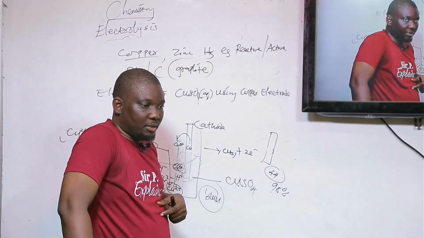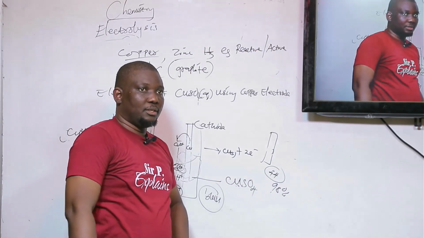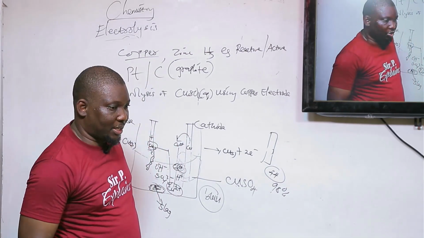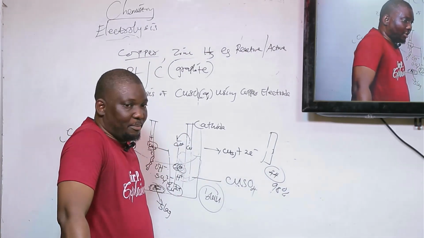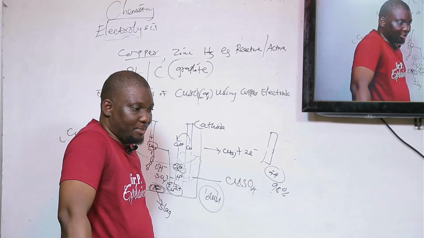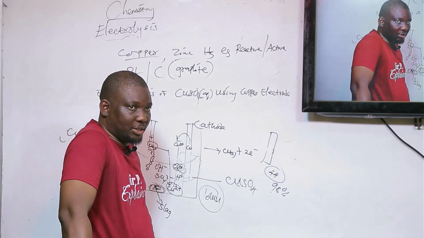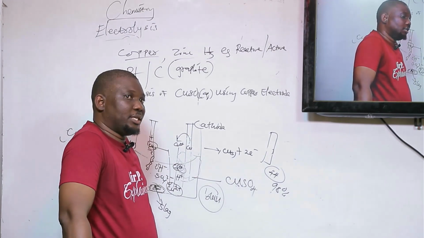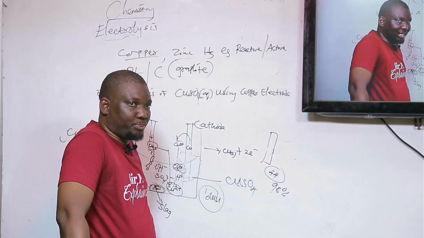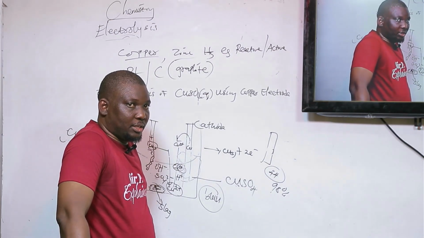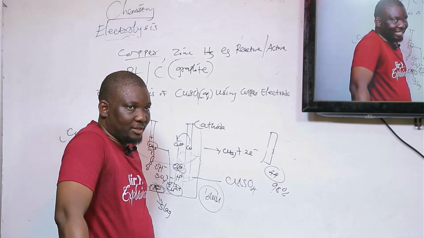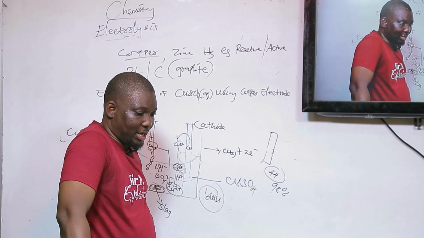The first law states that the mass of substance, or elements, discharged, deposited or liberated during electrolysis is directly proportional to the quantity of electricity passing through the electrolytes.